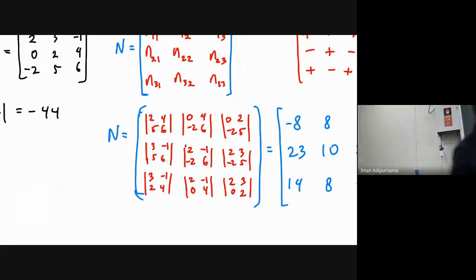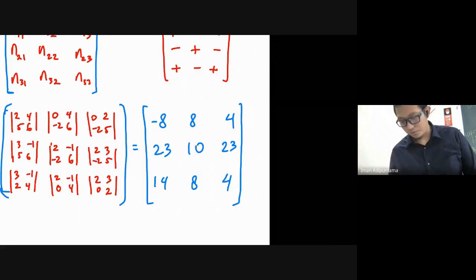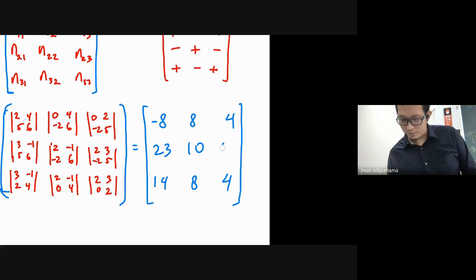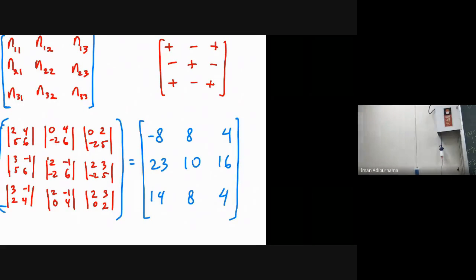Can you check the other one? Okay, right? Yeah, that's why this is similar to the other. 10 minus 6 is 16. Okay, and then based on the signs, when we deal with the cofactor, we put in this whole number.